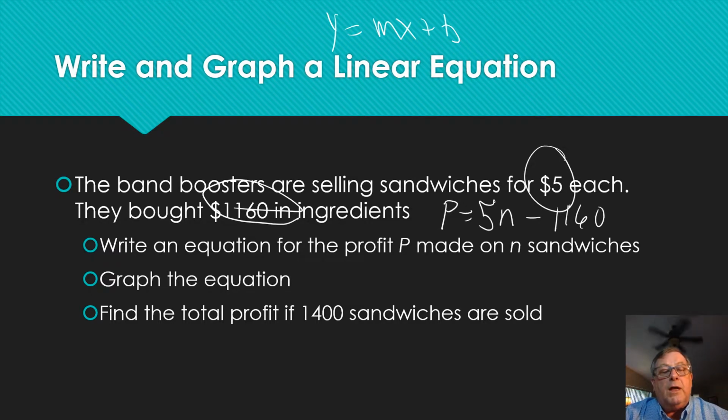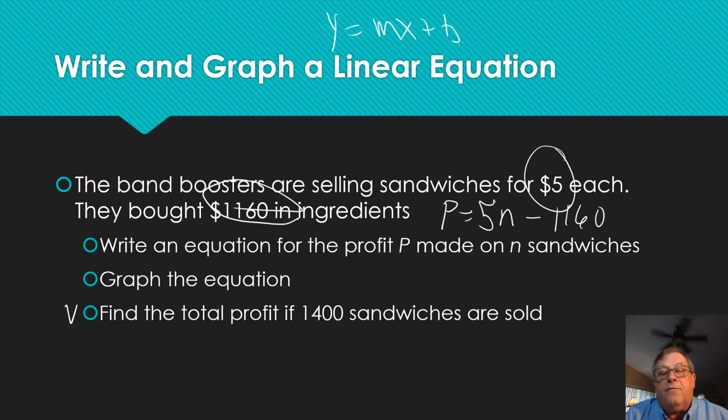But really, I'm zeroing in on this third part, which is what's the total profit if 1,400 sandwiches are sold. And kind of back to graphing the equation for a moment, I'm going to do that on the calculator because there's a couple of things about your calculator I want to show you that might be helpful to you as we move forward. But let's focus now on this third part.